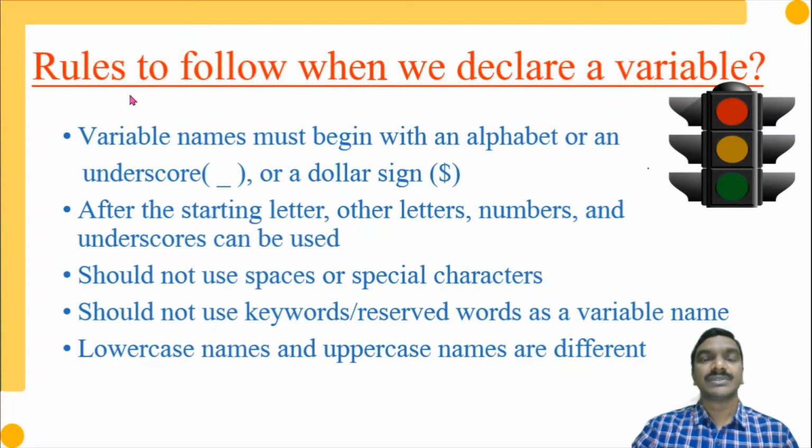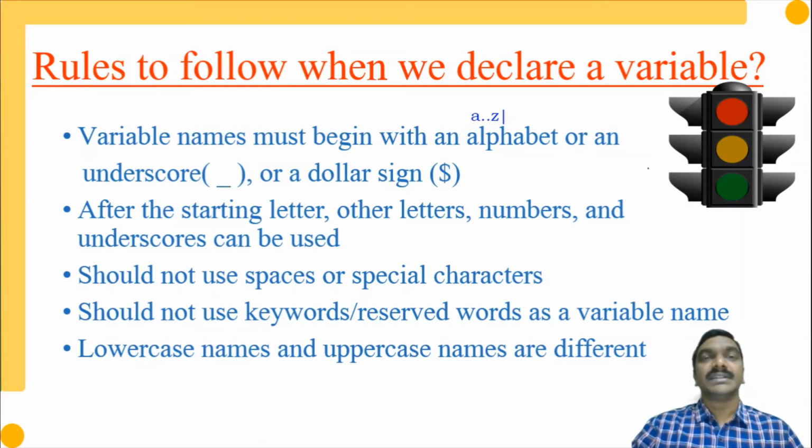And what are the rules to follow when we declare a variable? So variable names must begin with an alphabet. Then you should remember, every variable name must begin with an alphabet. Alphabets are from small a to small z, right?